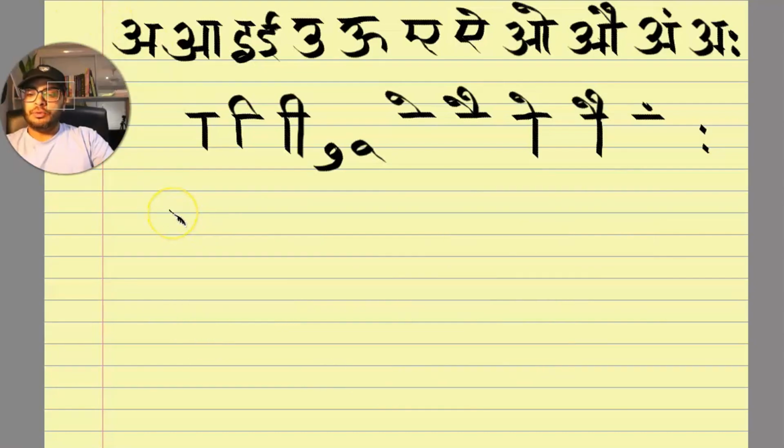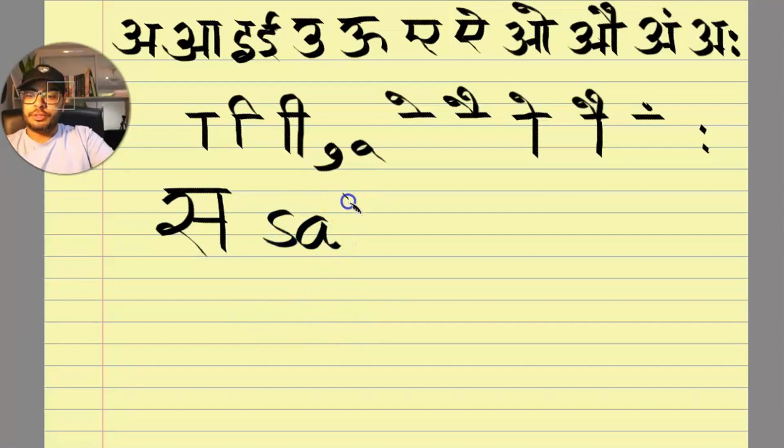Now the next sound in the list is going to be saw. The way we write it is something like this. So we make this raw, and then we bring a horizontal line and then a vertical line. So this is a simpler saw, and the IAST for this is S and A. A sound that matches with this sound in English would be something like son or sun or some, right?